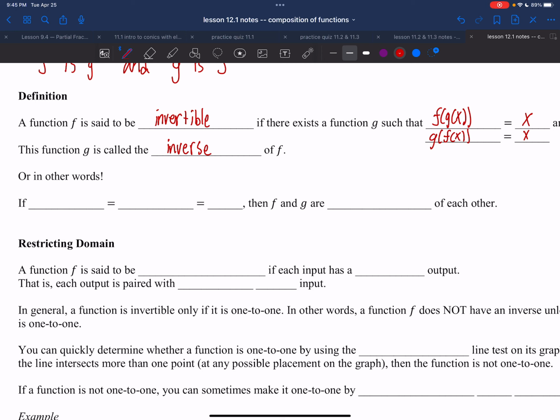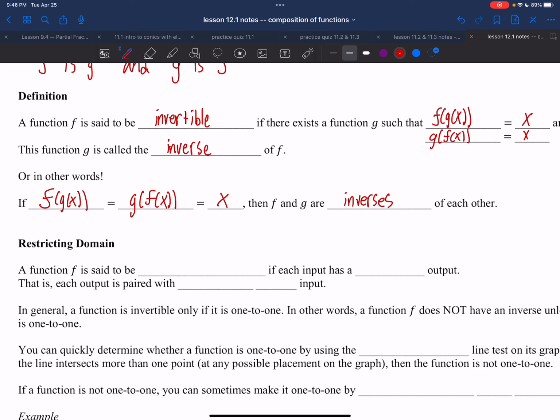In other words, if you find that the composition f of g of x and the composition g of f of x are equal, and they're both equal to the input x, then f and g are inverses of one another. And this is a way to verify inverses.